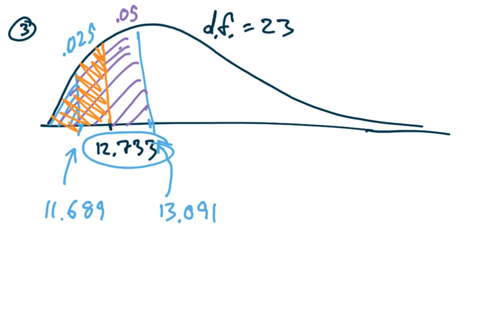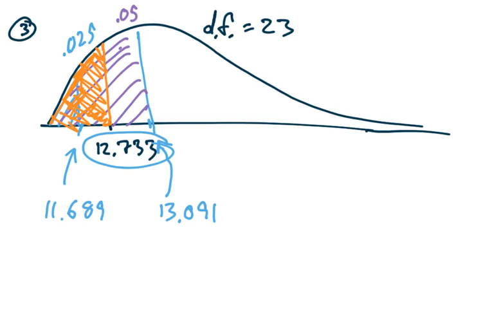There's one extra little thing that we have to do for the p-value in the case where we are using a two-tailed hypothesis test. We have to double the area that appears underneath one single tail.